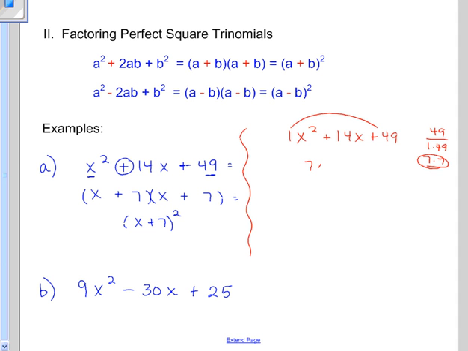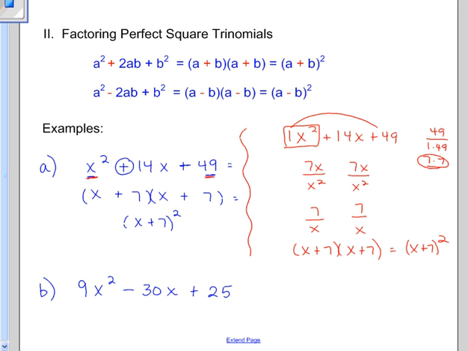So that would give me 7x and 7x divided by the first term, and then reduce. So 7x over x squared would reduce to 7 over x, and again 7 over x. So bottom to top, my two binomials would be x plus 7 times x plus 7, which is x plus 7 squared.